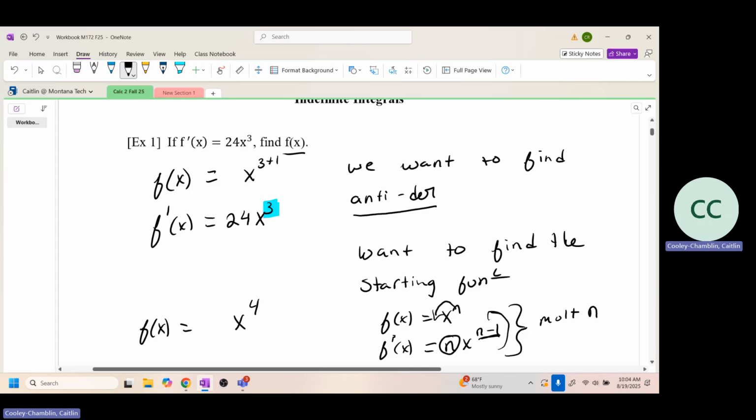And so now, if I want to go from that derivative to my original function, I'm just going to bring this 24 up as a constant, just because when we take derivatives, we do that. So now I'm going to divide instead of multiply, because division is the inverse of multiplication.